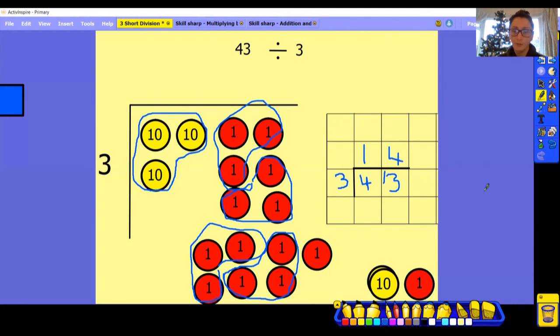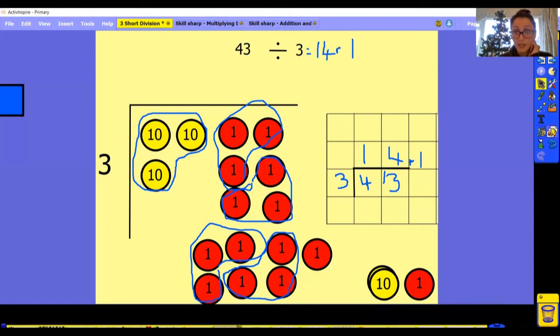However, we have one remainder. We can't make an extra group of it because we've got no more numbers. So this one is just going to be a remainder 1. So 43 divided by 3 equals 14, remainder 1.